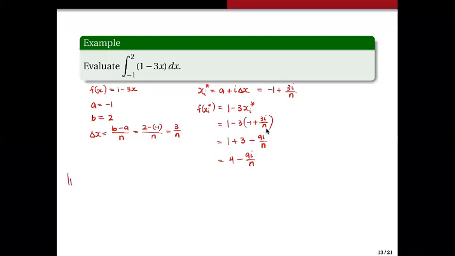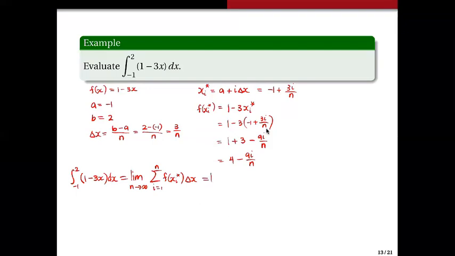Therefore, we have the integral from negative 1 up to 2 of 1 minus 3x dx. This is equal to the limit as n approaches plus infinity of the sum i from 1 up to n of f of xi star delta x.